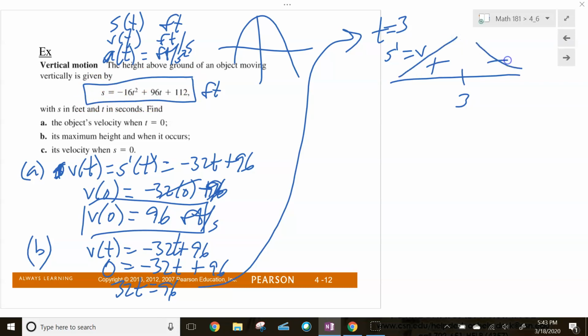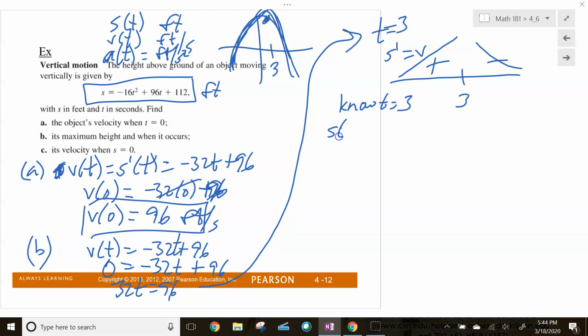So s prime, which is the same as velocity, describing this position function, is saying that that's your only option. It increases and then it decreases, of course, being a parabola. It's going to increase until 3, and then it decreases after. So you've got a maximum there at 3. So what's its maximum height? Well, let's plug it in. We know it occurs when t is 3.